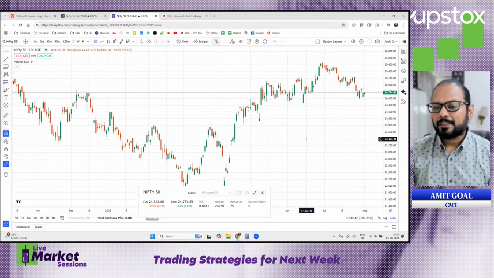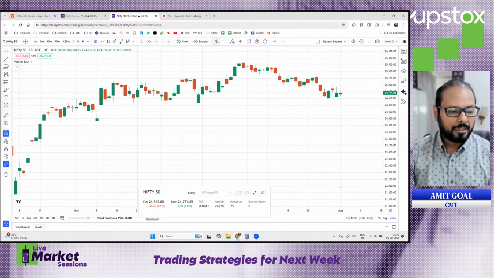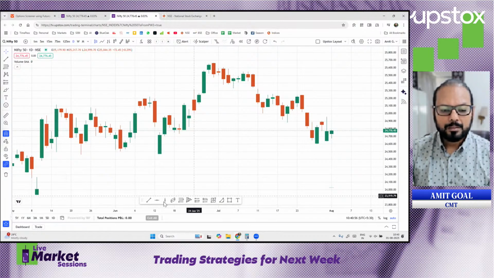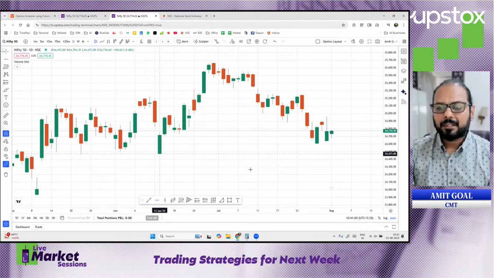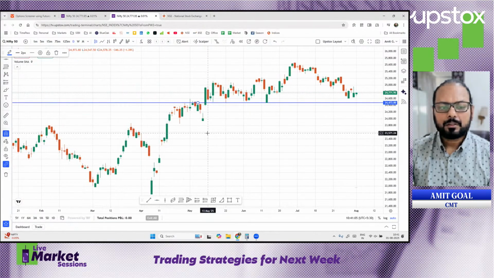Now this is the daily chart. On the daily chart, if I were to zoom in a little, what do you think is happening here? Can you not see that the market is kind of making a support pattern over here, right?